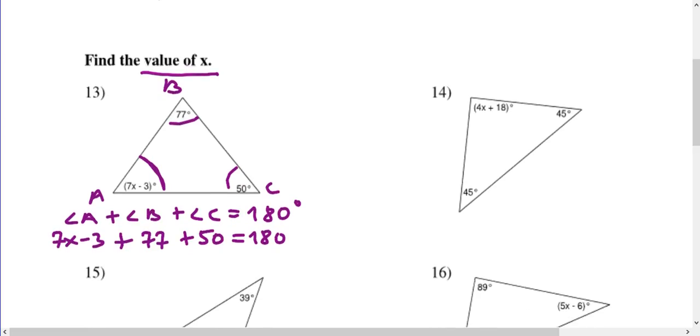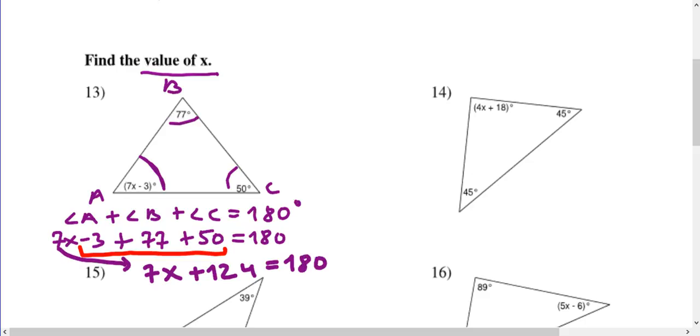Now before you start subtracting anything, you can see that these ones are like terms, and just by combining them, we're going to simplify this. So I have negative 3 plus 77 plus 50, which combines to 124. I haven't really done anything with 7x, so I'm just going to copy that, 7x. And instead of those three numbers, I will write plus 124. And that is equal to 180.